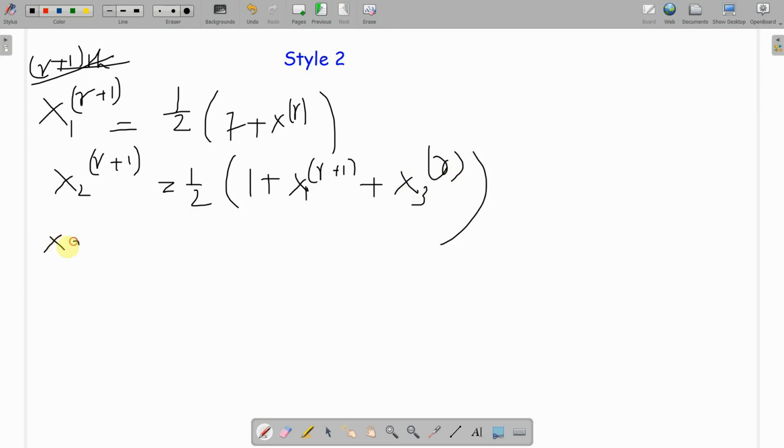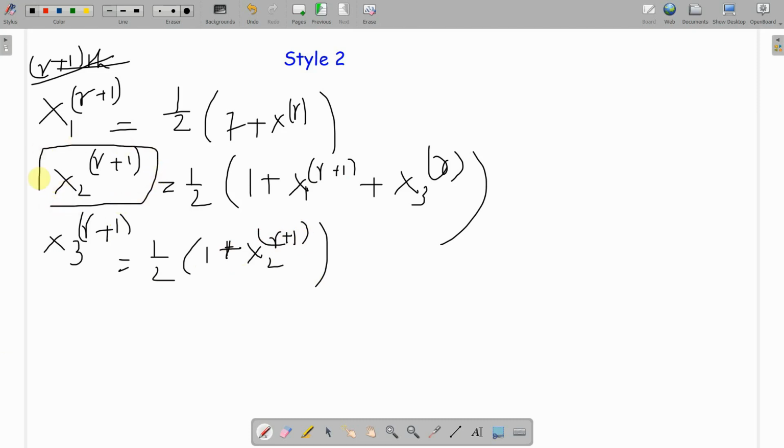Now for x3, this is more convenient in my opinion, you will be seeing these equations and putting in the values. So half of 1 plus x2 r plus 1. Why r plus 1? Because you have the updated value of x2 at the r plus 1 iteration. I'll be putting that value here. So I'll make a table.